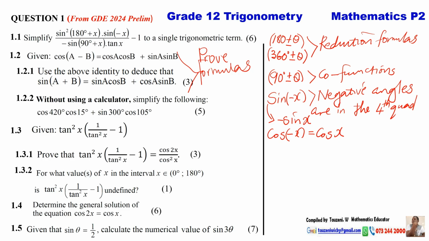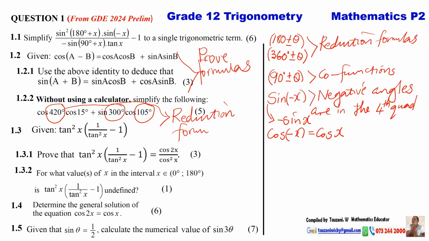Then number 1.2.2, if you see angles that are more than 90 degrees, that one must be a golden rule that you always remember. If angles are more than 90 degrees, then you must always remember to apply reduction formulas.